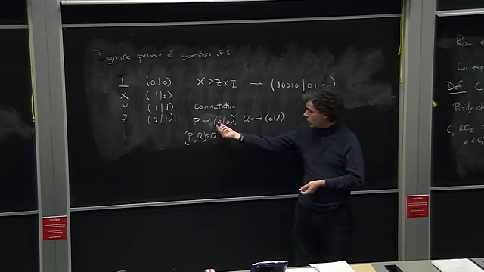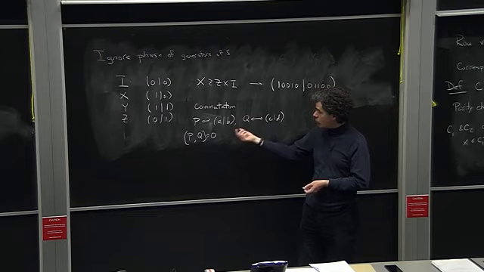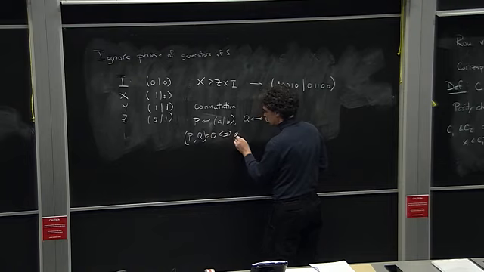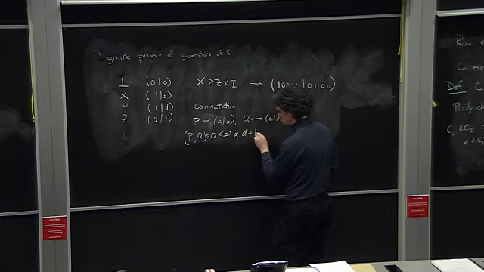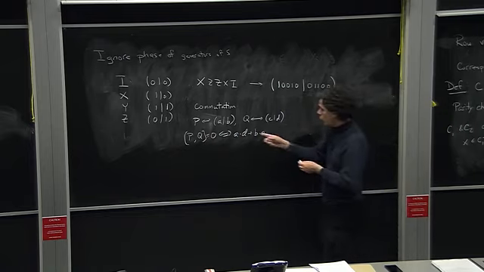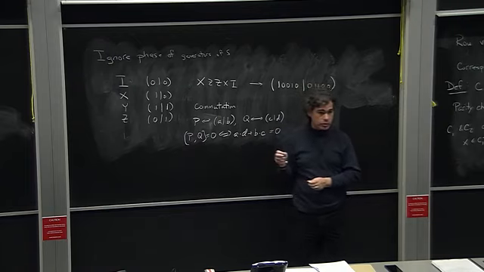That's the number of places where both this has an x and this has a z, where both of these have 1, plus the dot product B times C. Okay? And so this thing is equal to 0 exactly when P and Q commute.